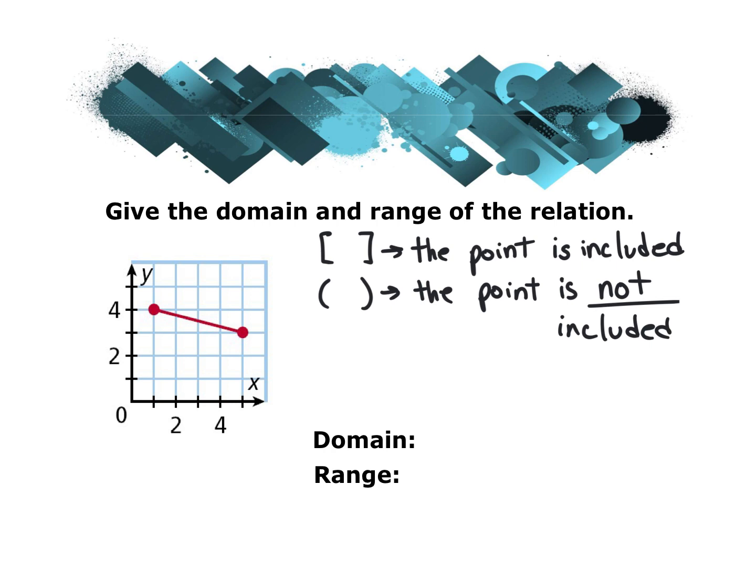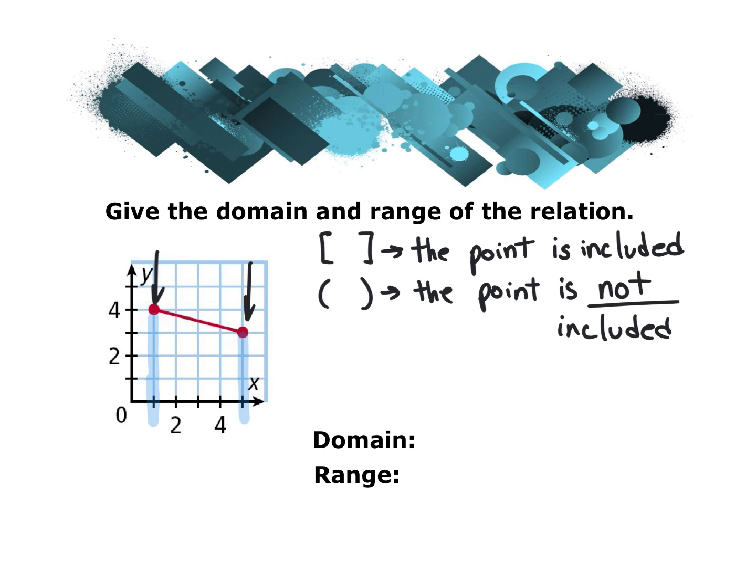So for the domain, when it comes to a line, you're going to go from the farthest left point to the most right, and you're just going to write the endpoint. Remember, for the domain, we only care about the x value. So the most left point x value is right here, and the most right point x value is right there. So again, we're going to write it from least to greatest.